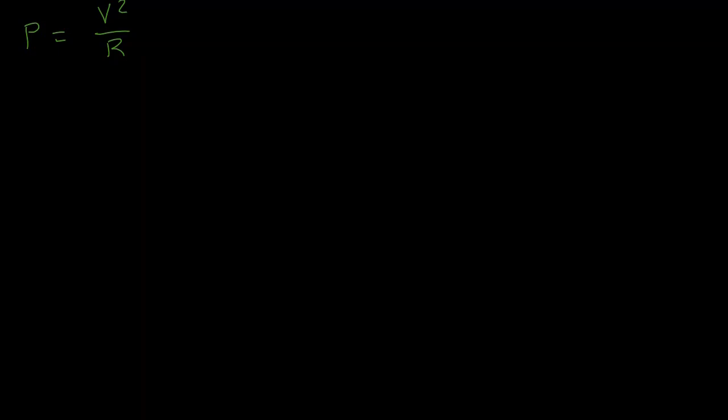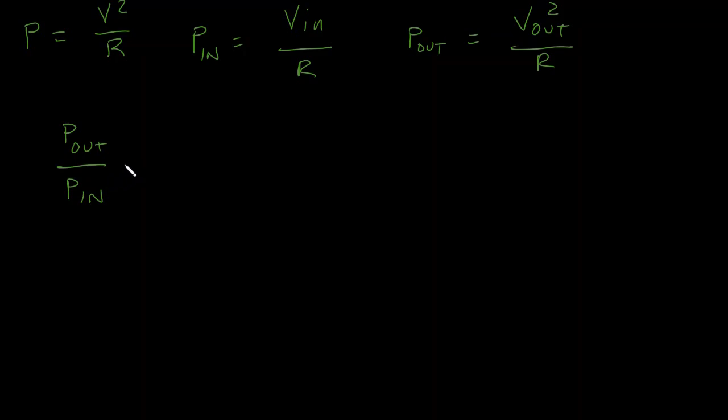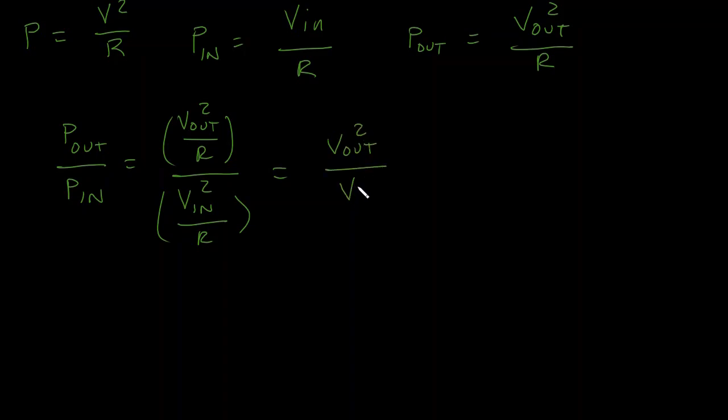And so if we relate our input and output power over a common resistance, where we have P in equals some V in squared over R, and we have an output power, P out equals V out squared over R, then we can take that ratio, and that ratio would be P out over P in equals, and then we just carefully write these, V out squared over R divided by V in squared over R. And we'll notice that what we end up with is V out squared over V in squared.